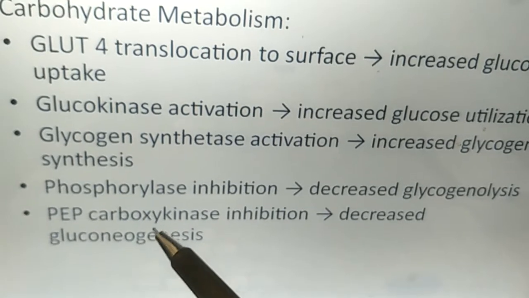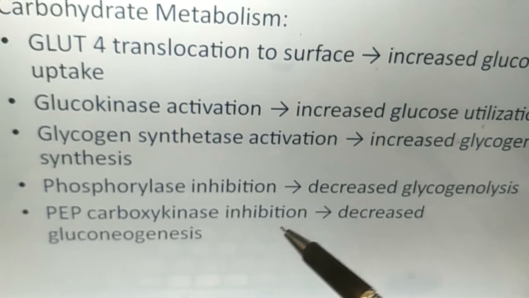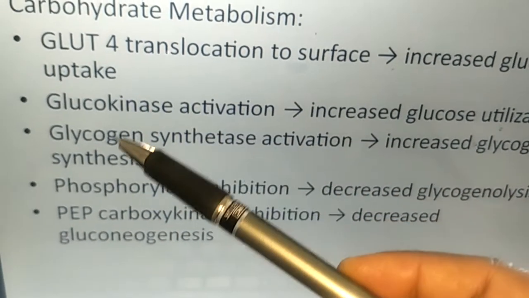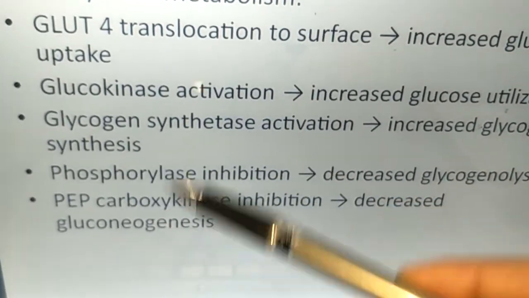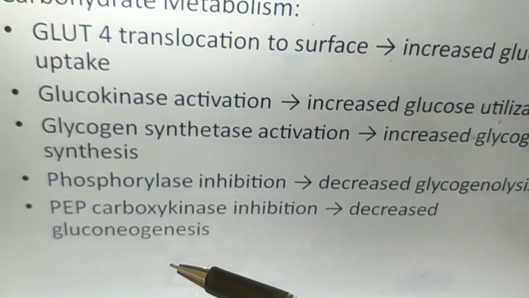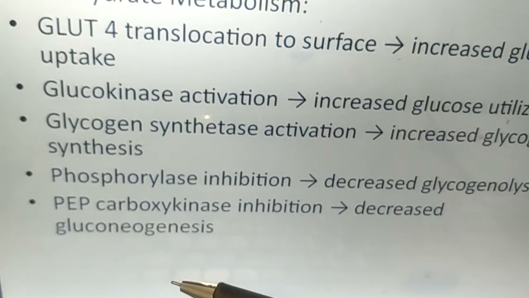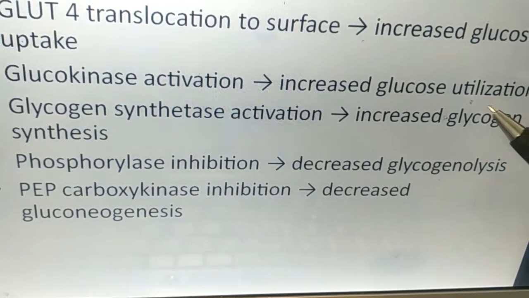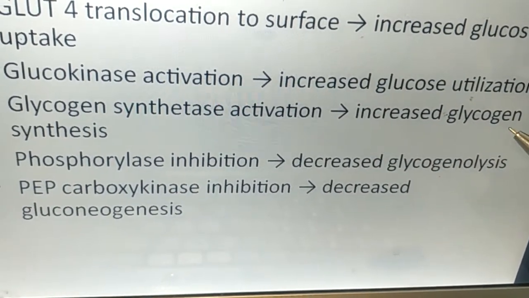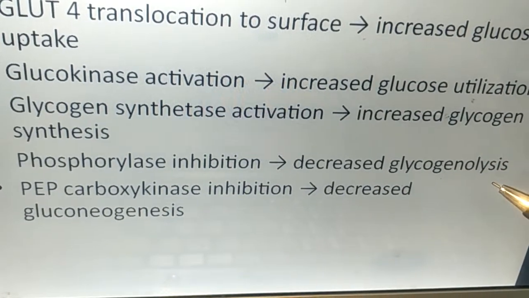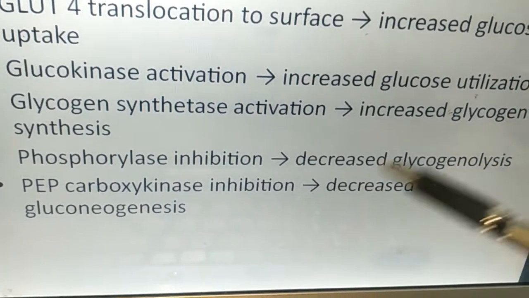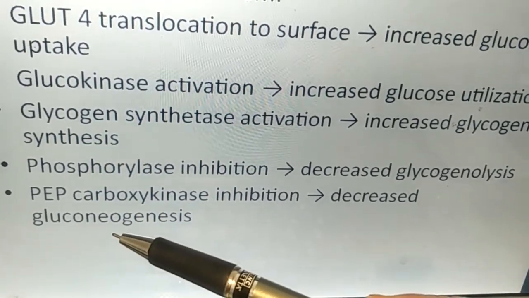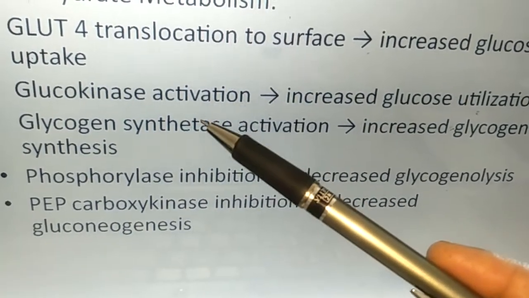Phosphoenol pyruvate carboxykinase is inhibited and there is decreased gluconeogenesis. I think you are familiar with these enzymes from biochemistry. If you can remember, it is okay. Otherwise, simple: increased uptake and utilization of glucose, increased synthesis of glycogen and decreased breakdown of glycogen, and decreased new synthesis of glucose.